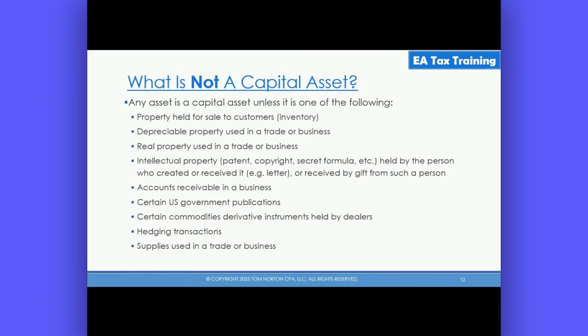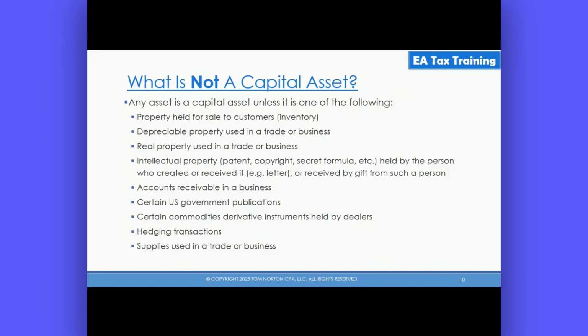Next is intellectual property that is held by the person who created it or who received it, such as by inheritance or by a gift. So, for example, if you are an author and you have written a book and you have a copyright on that, you are the one who wrote the book. So in your hands, that copyright is not a capital asset.